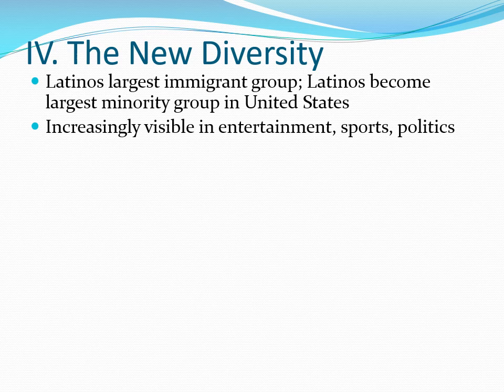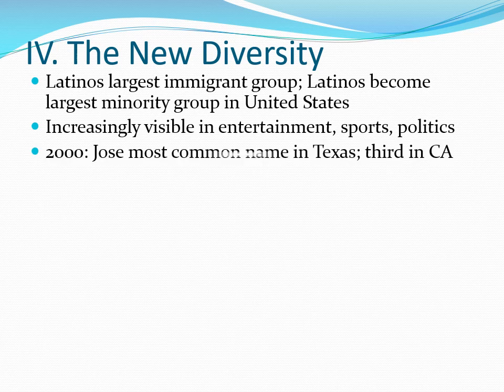They become increasingly visible in American life as a result. With the Latino activism, Latino civil rights, Latinos became increasingly visible. Alongside that, we've seen a growth in the Latino population as a result of immigration. They have become increasingly visible in our politics, in our sports, and in our entertainment.